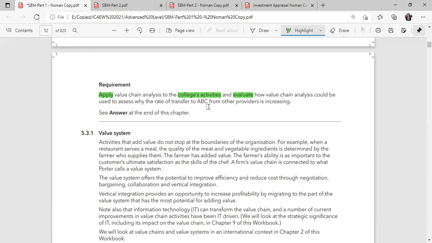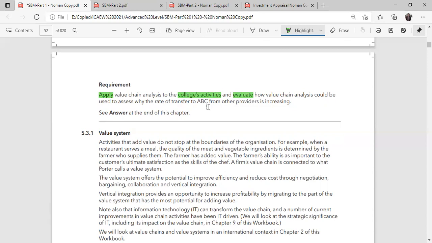So what we are going to do, as we know that in the value chain we have two types of activities. We have primary activities first, and then we have secondary or support activities. You should identify the primary activities. Within primary activities, you will go for 5 different classes: inbound logistics, operations, outbound logistics, marketing and sales, and lastly after-sales service. Each item will be classified in a particular column.